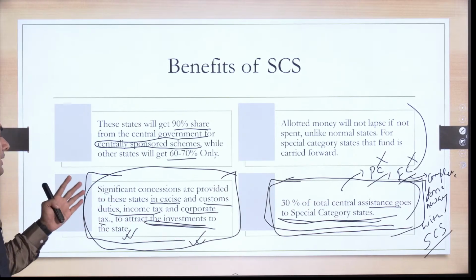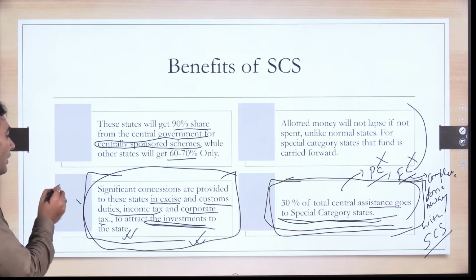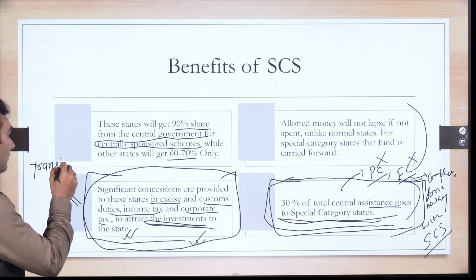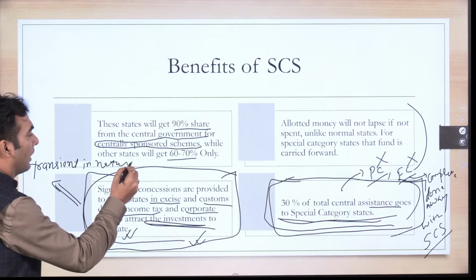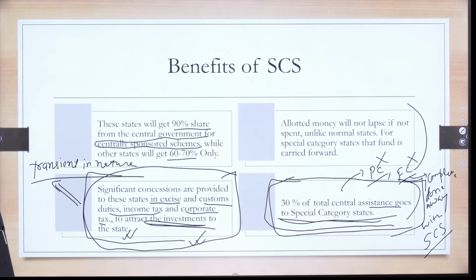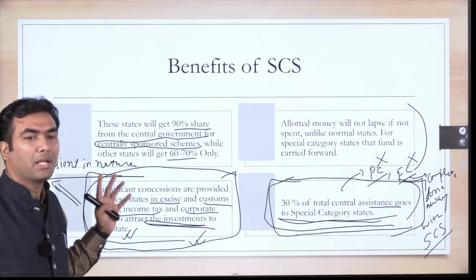Okay. The second thing is that these are also like the concession in income tax, custom duty, etc. They are also transient in nature. Transient in nature means they are given for a particular period of time, say 4 years, 5 years or so. These are no solution to especially Bihar's problem.